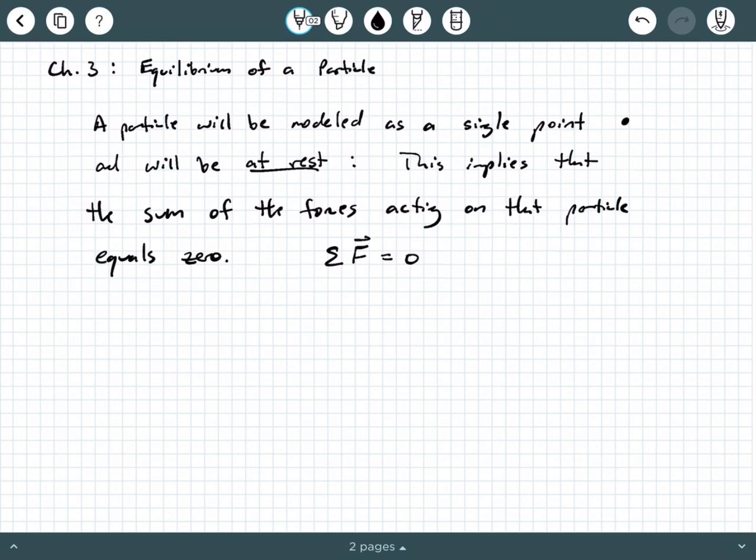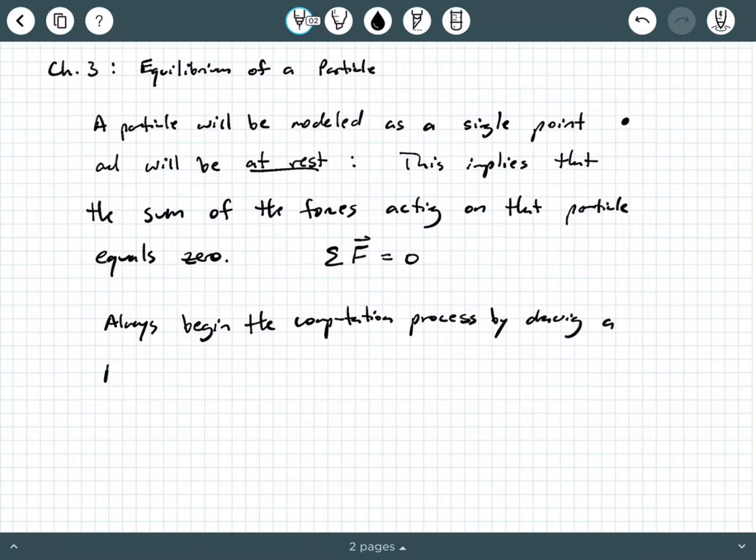Now, when we do these numerical problems, the first thing you want to do is draw a free body diagram. So always begin the computation process by drawing a free body diagram.